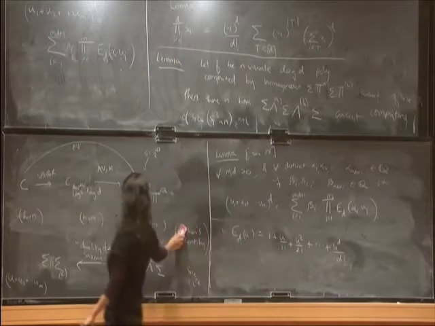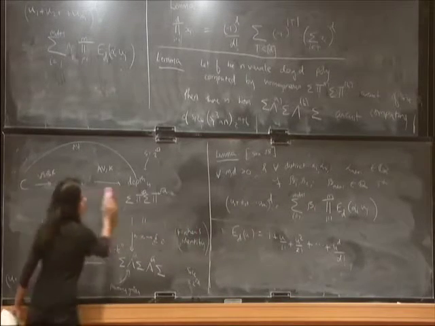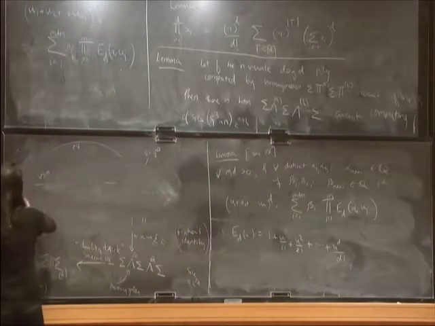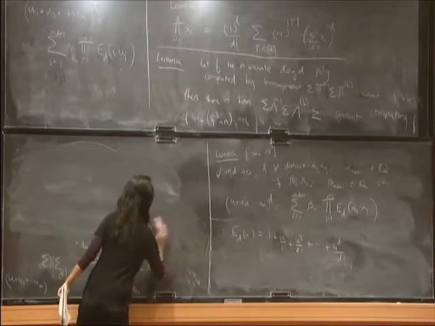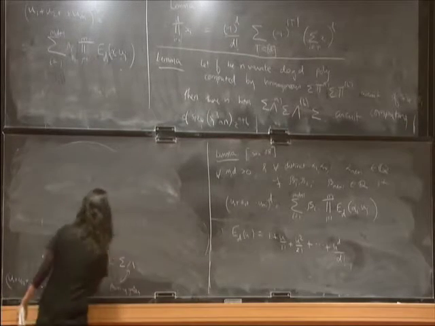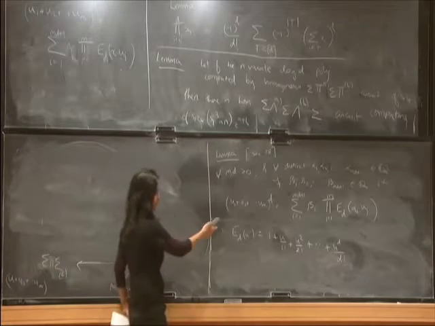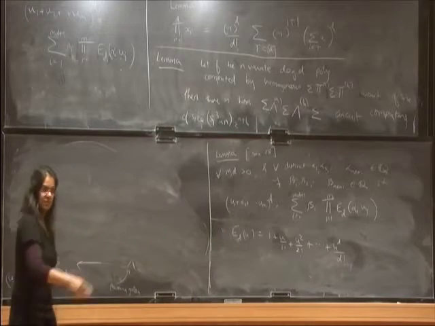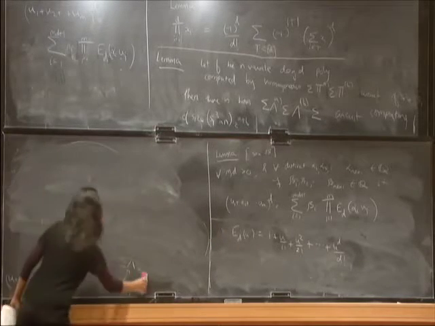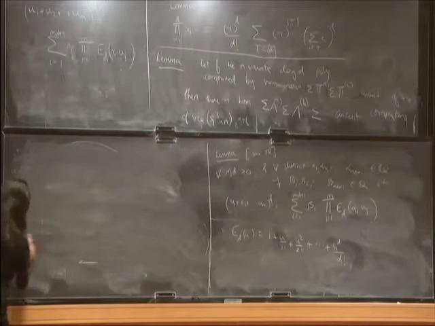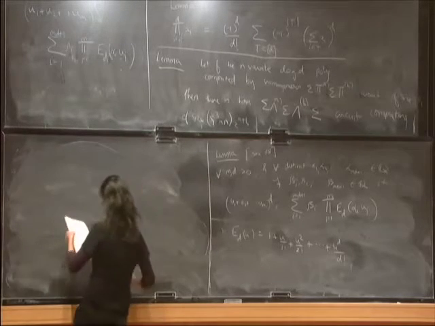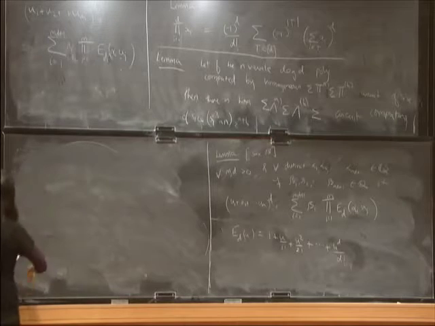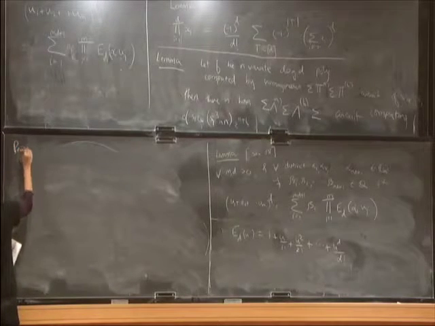So I'm erasing this picture because you know it. And let's prove this. The proof is actually quite short. We'll use the fact that this is the Taylor expansion of e to see why this gives it. Okay, so here is the proof.